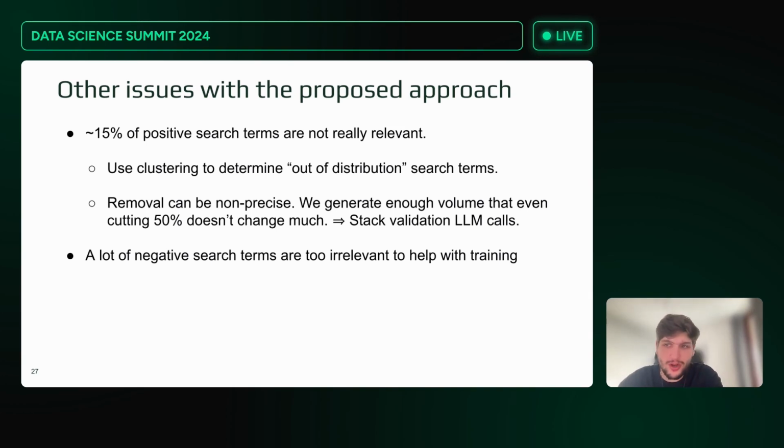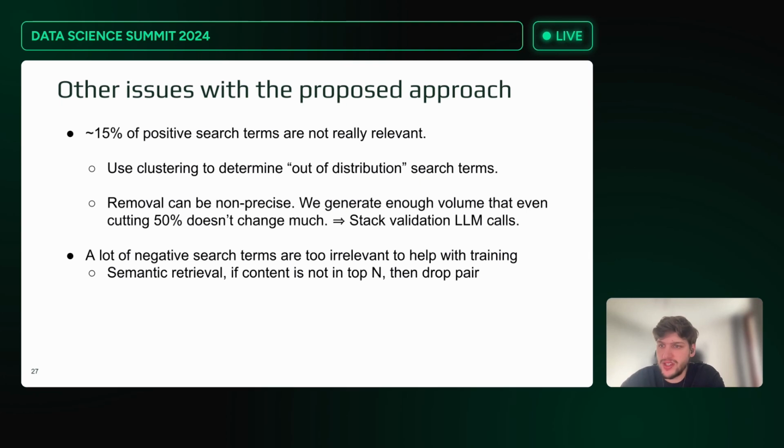So this was the positive search term. And then for the negative search terms, we found that a lot of them are too irrelevant to actually help with the training. And there's no real downside except that you're going to waste time feeding data to the crossencoder that the crossencoder already knows is not a good match. The way you filter those out is you do some semantic retrieval or semantic search.